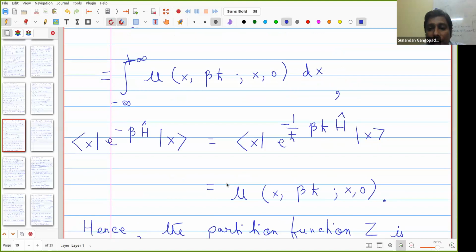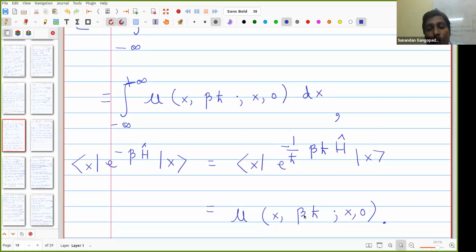So you are identifying t to be equal to beta h bar, but beta goes as 1 by T. When you are analytically continuing the time axis from real time to imaginary time, you are identifying the imaginary time with beta h bar, where beta is basically 1 by k_B T. There comes the connection of the imaginary time with the temperature, the time-temperature relationship. That is the way you make the connection between quantum mechanics and statistical mechanics.